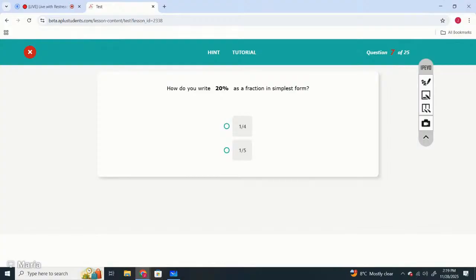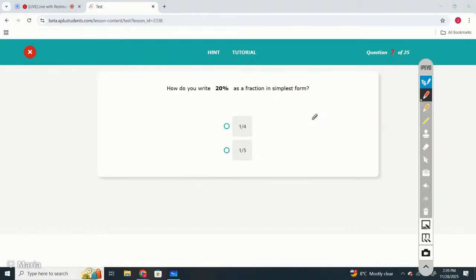How do you write 20% as a fraction? So we need to write 20% in fractional form. So 20% we can write as 20 over 100, right? Now we need to write the answer in simplest form. So 20 times 1 is 20 and 20 times 5 is 100.